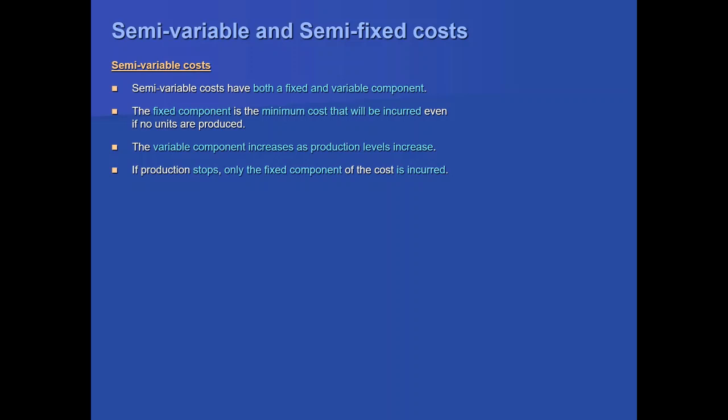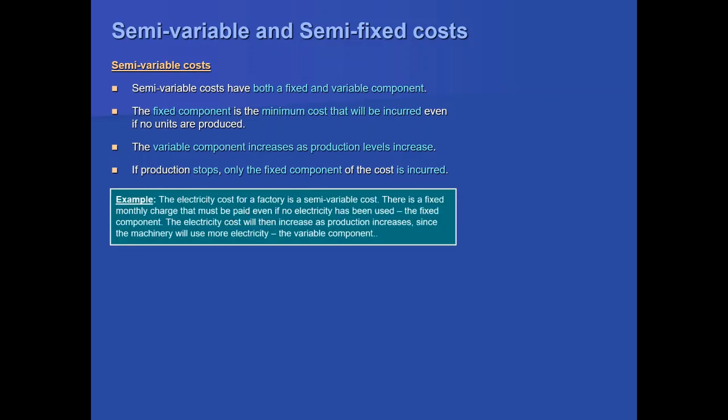If production stops, only the fixed component of the cost is incurred. An example is the electricity cost for a factory. There is a fixed monthly charge that must be paid even if no electricity has been used. The fixed component. The electricity cost will then increase as production increases, since the machinery will use more electricity, the variable component.